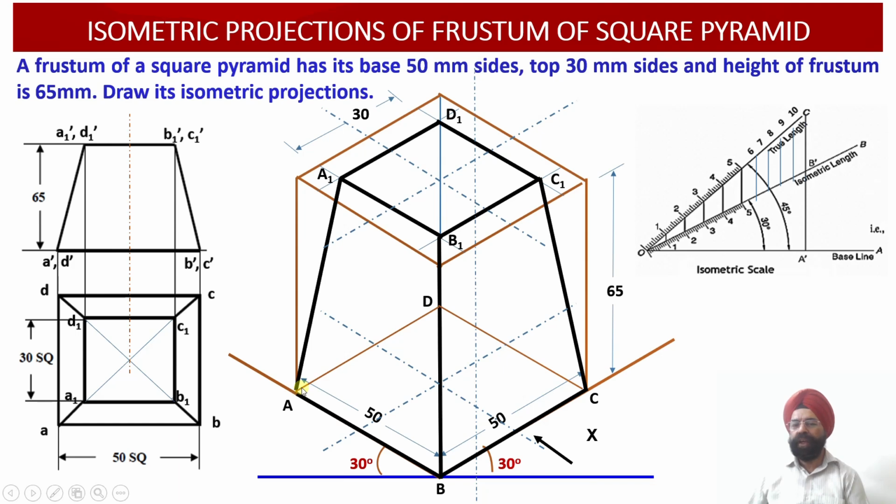Whereas there are 3 hidden edges. First hidden edge is AD of the base, second hidden edge is CD corresponding to the base, and the third hidden edge is the slant edge D and D1, right? So these 3 edges will not be visible.